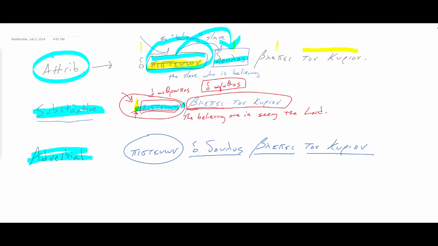Well, usually when you have an adverbial use of the participle, as a hard and fast rule, there is no article in front of it. And then we have to translate it, and we have to provide some starting word in English. In reality, it can be an if, it can be a because, it can be an although, it can be whatever the context demands.